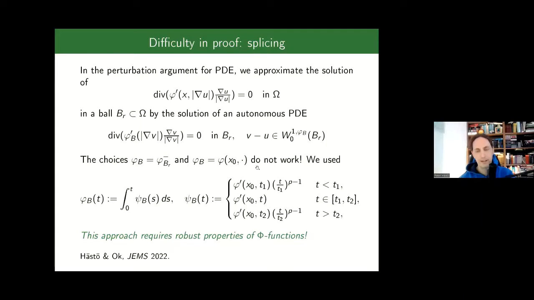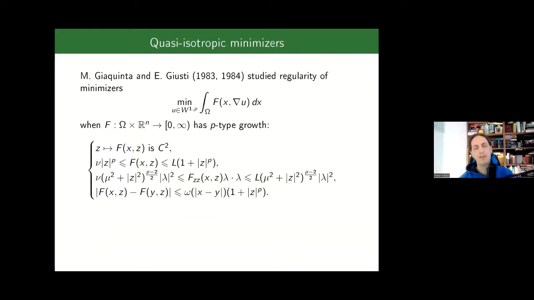So this kind of splicing in the end worked out for the isotropic case. But when we were thinking about the anisotropic or quasi-isotropic case, we had some difficulty, because there we tried something similar, but it did not work. So let me skip that and go now to the quasi-isotropic case and briefly mention what we did there.